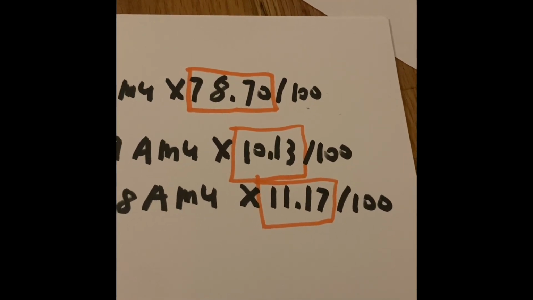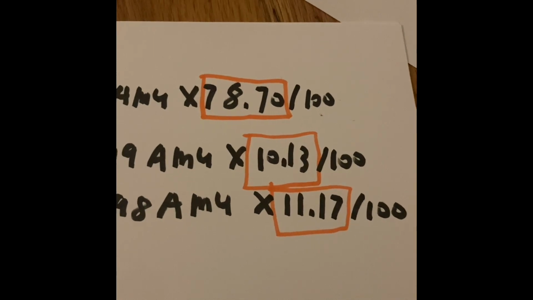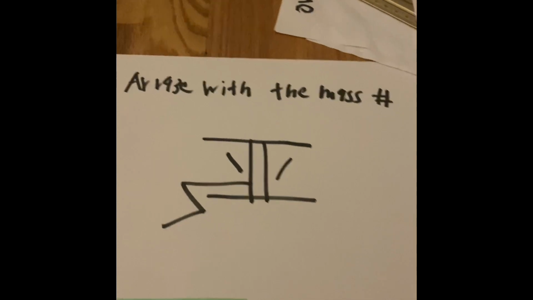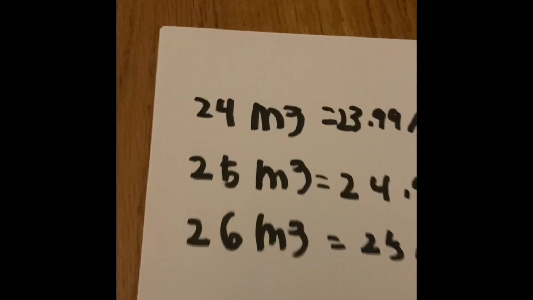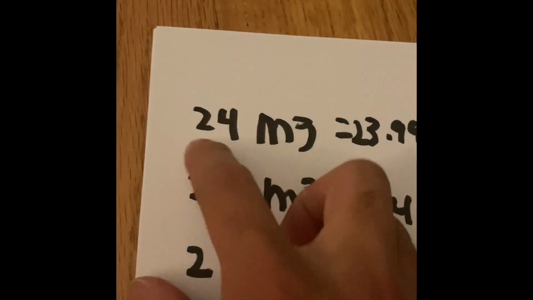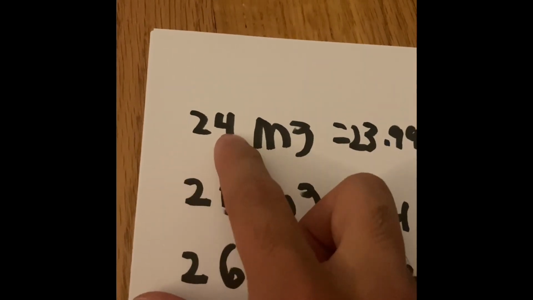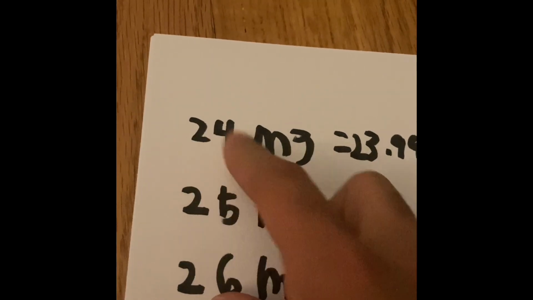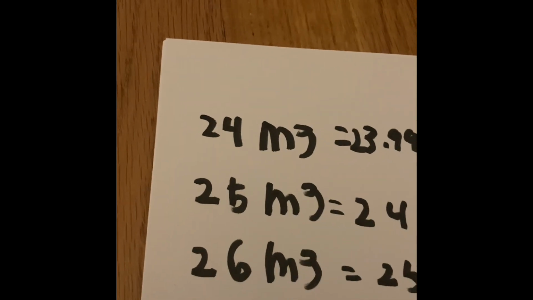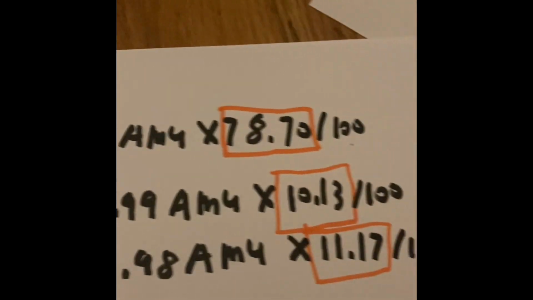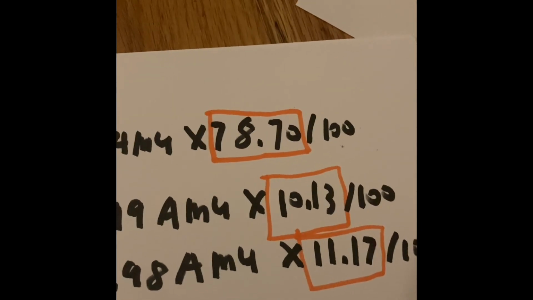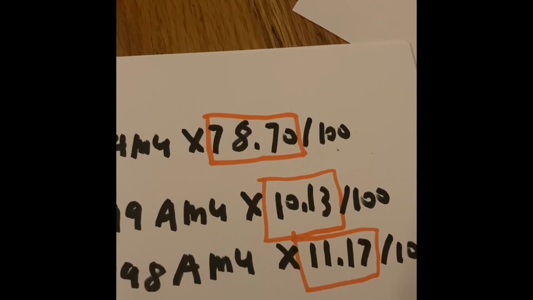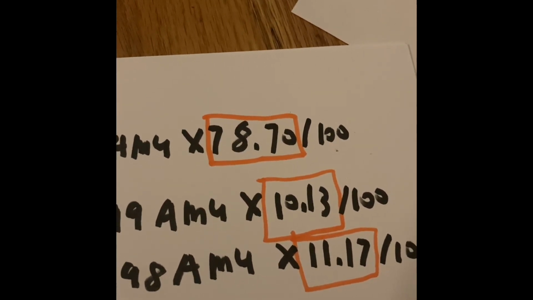So technically, in order to calculate the average atomic mass, only around 78.70 of a magnesium atom with an atomic mass of 24 would actually be accurate for this to work.